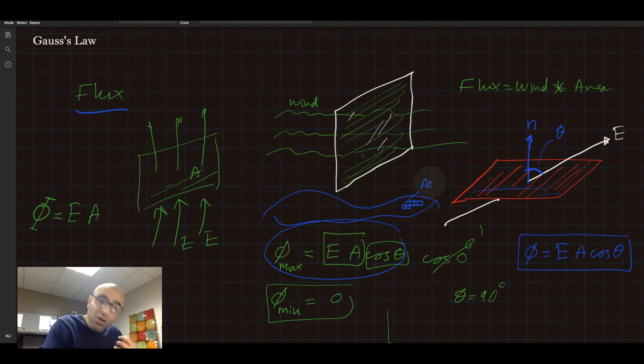So the general equation for the flux is equal to E, the electric field, times the summation over i of A_i cosine theta_i, because the angle is going to change every time. But we will be more focused on the simple equation, though I want you to remember this one, especially when we talk about the parallel plate capacitor problem.